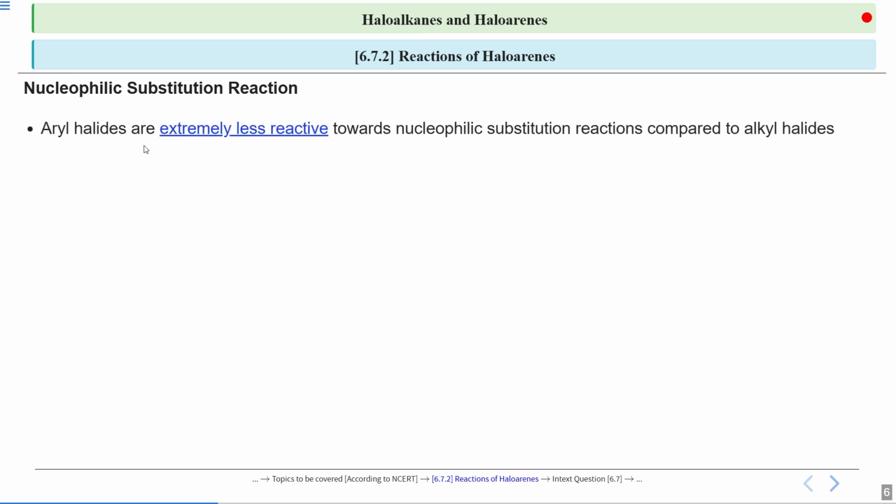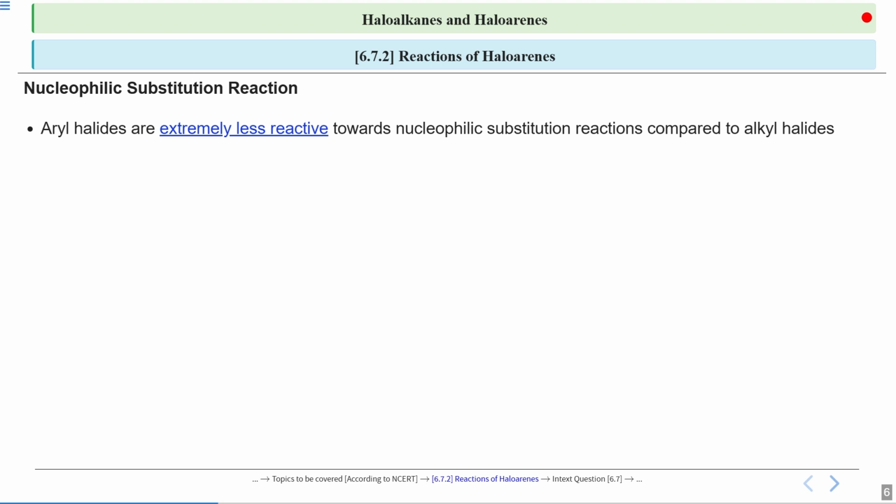Aryl halides are extremely less reactive towards nucleophilic substitution reactions compared to alkyl halides, which are simple alkyl groups bonded with a halogen.